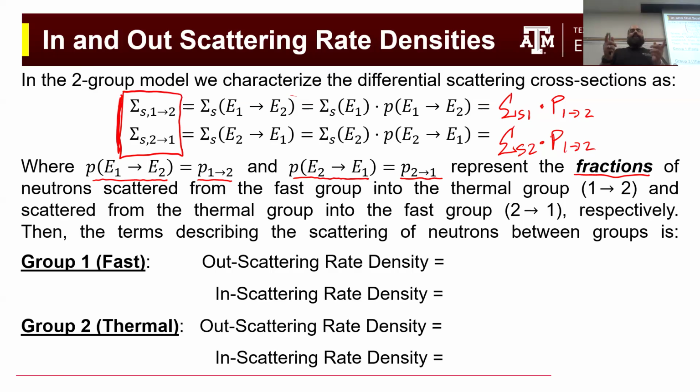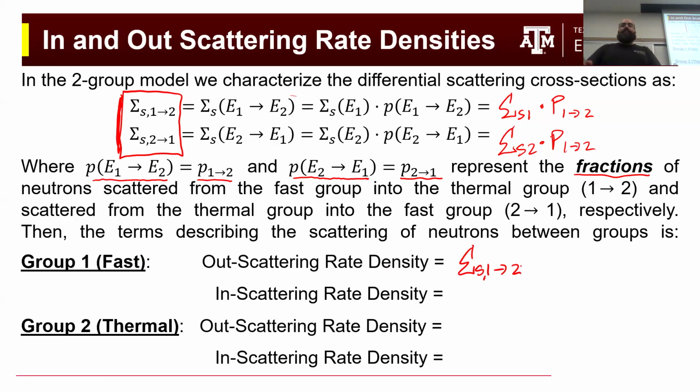If I wanted to write equations for my scattering rate densities, outscattering and inscattering, then this scattering rate density is a reaction rate density, so it's going to look like a cross section times a flux. If I want to talk about outscattering from the fast group, then I'm going to have a sigma s going from the fast group, which was 1, to the thermal group, which is 2.